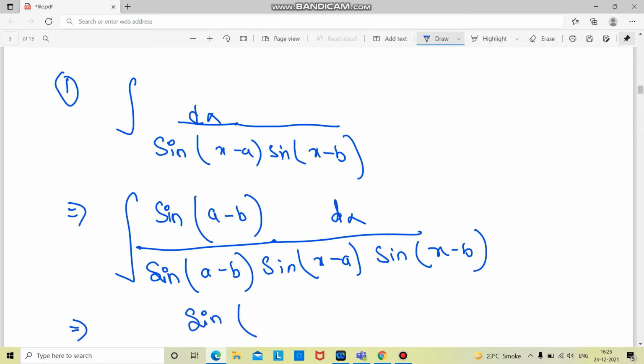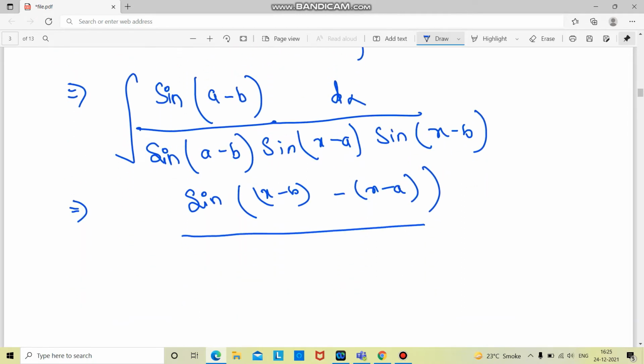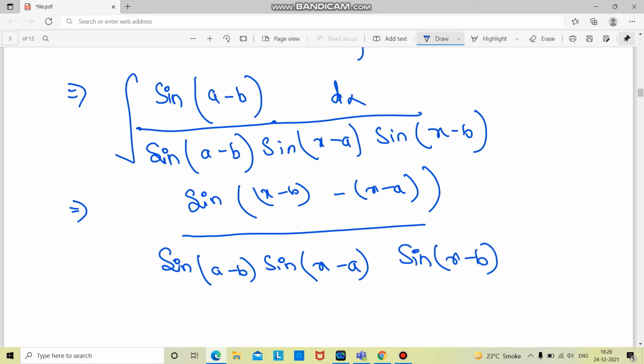Now we can write sin of (x minus b) minus (x minus a), divided by sin(a minus b), over sin(x minus a) sin(x minus b).